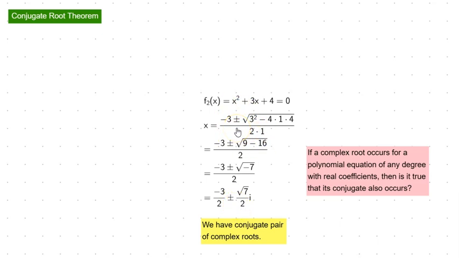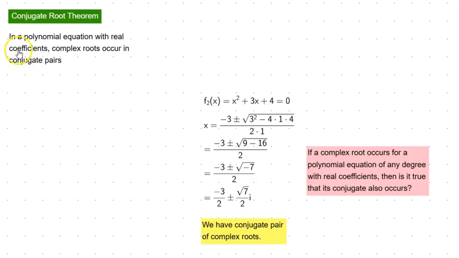But what about a cubic, a quartic, a quintic, or any higher degree polynomial equation? To address that, we look at the conjugate root theorem. What it says is that in a polynomial equation with real coefficients, complex roots occur in conjugate pairs.